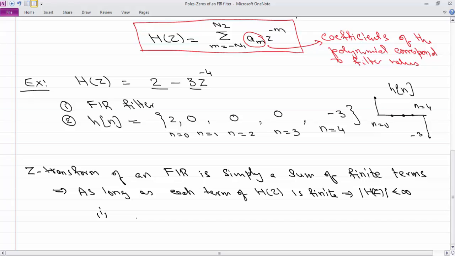The first case is that if n1, so let me actually replace this. Let me replace this from minus n1. Let me write it as simply n1. So two numbers. It goes from one number n1 to n2. So the first case is that n1 is less than 0.